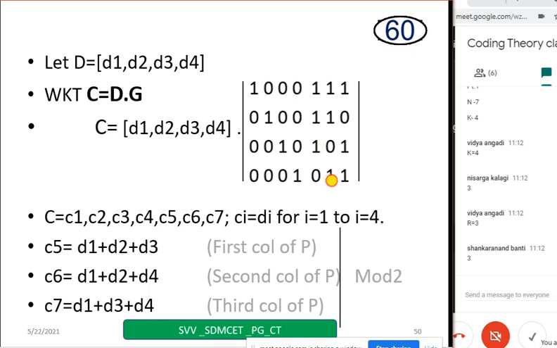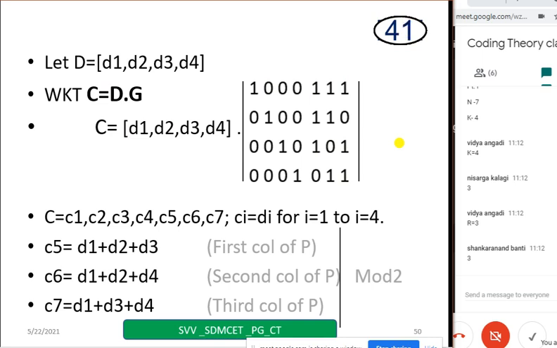So D1, D2, D4 or D1, D3, D4 I had to add to get the next. So just observe this, and those who have completely got the idea can write down C5 equal to. Even by seeing also you can tell, but do it and tell. C5, C6, C7, you can do it.